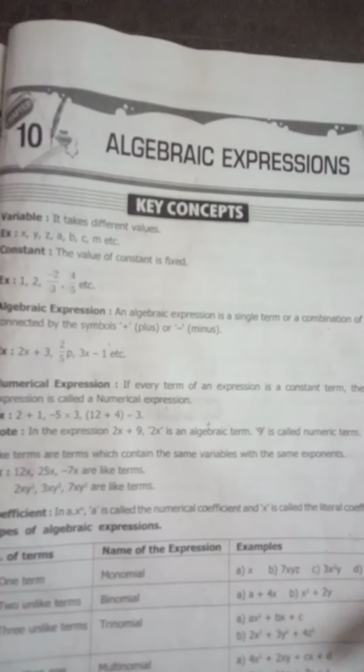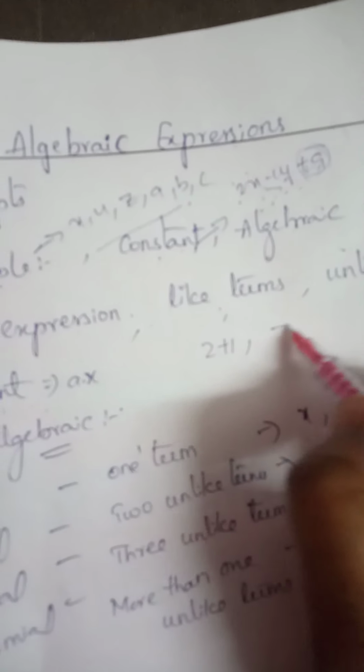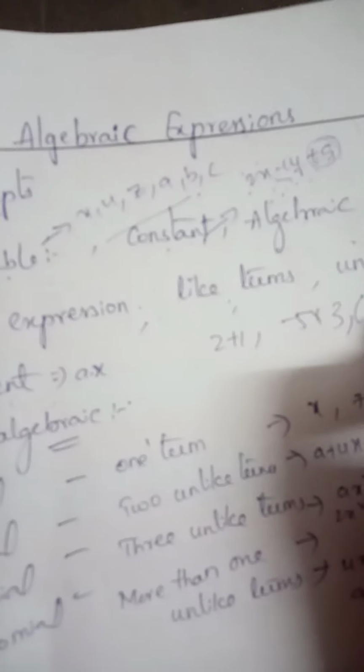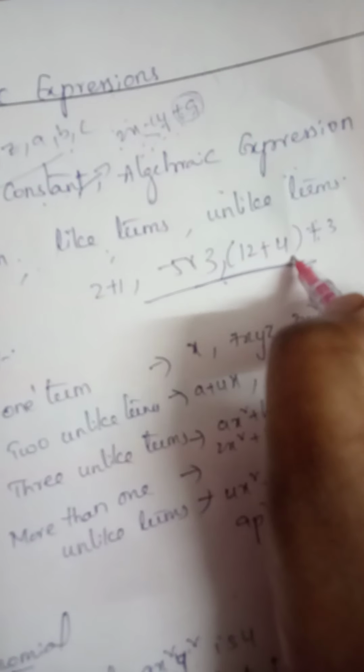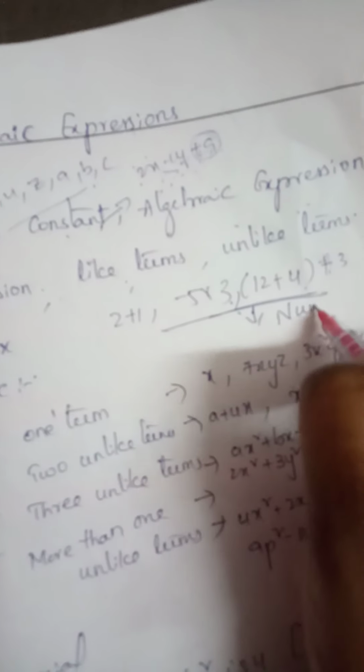But a numerical expression means the terms are only numbers. For example, 2 plus 1, minus y into 3, 12 plus 4 plus 3, or divided by 3. These expressions are called numerical expressions.